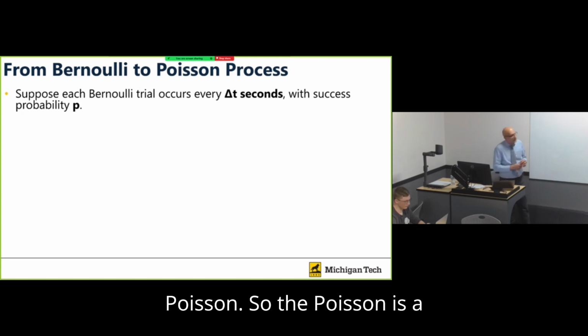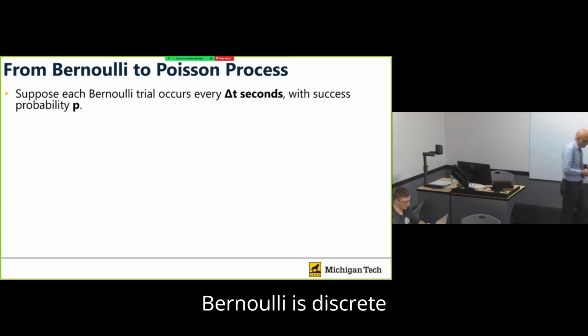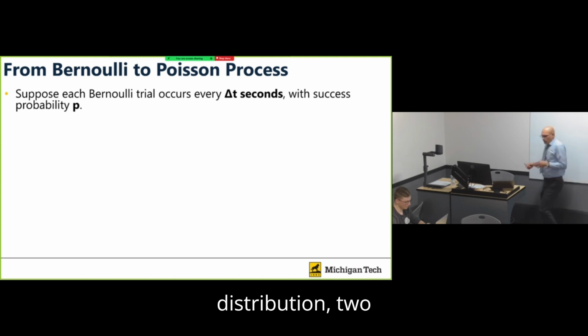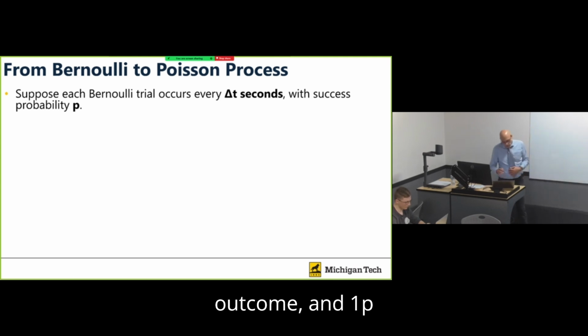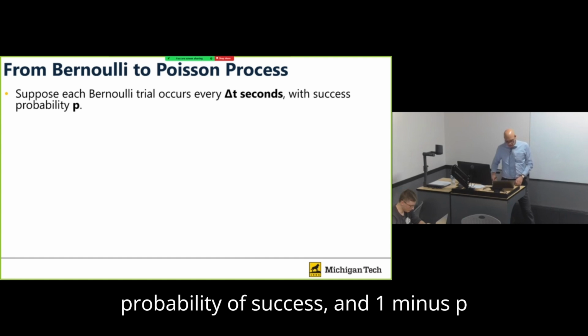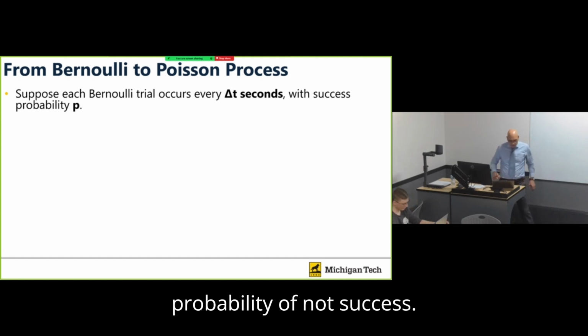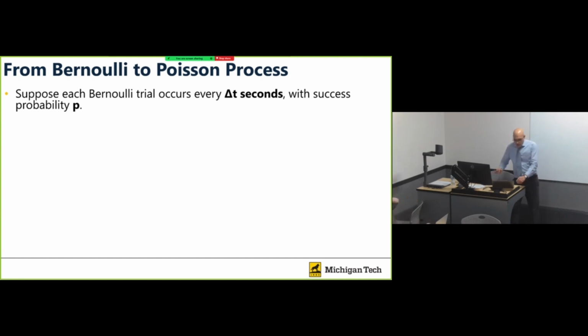The Poisson is a continuous version of Bernoulli. Bernoulli is a discrete distribution with 2 outcomes: p, the probability of success, and 1 minus p, the probability of not success.